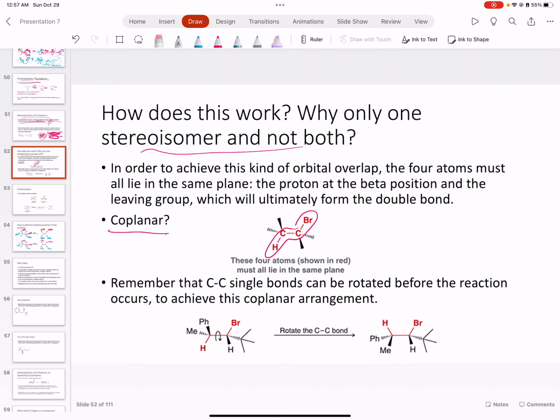For example, if this one was on a wedge and this one was just a regular bond, you can just rotate it until that one is in a normal bond. So then you're able to have that coplanar relationship, and you're able to form that double bond, and then you can assign your wedges and then your dashes.